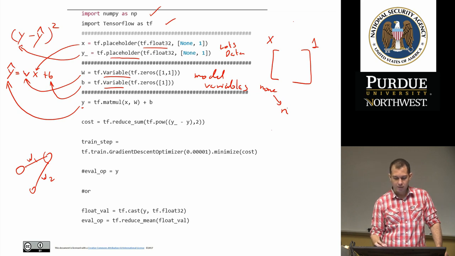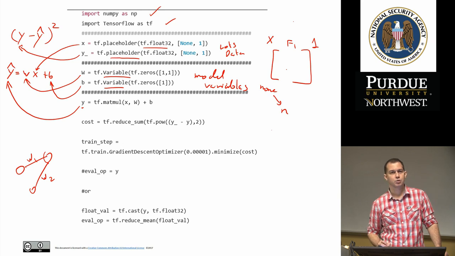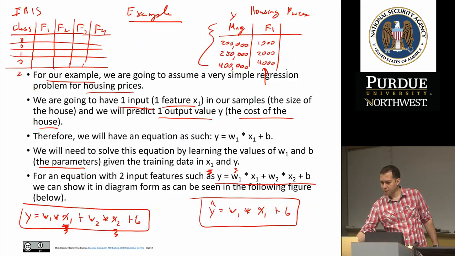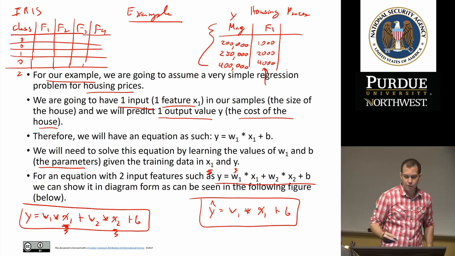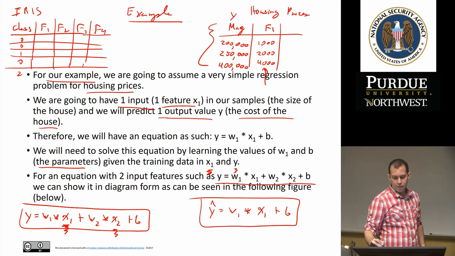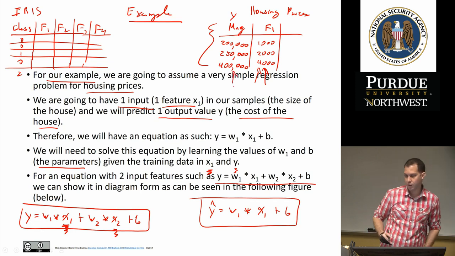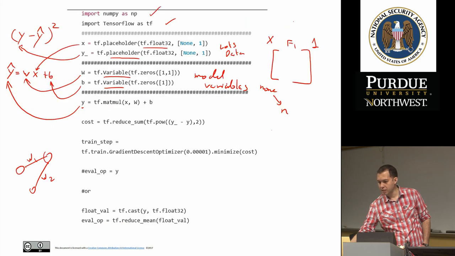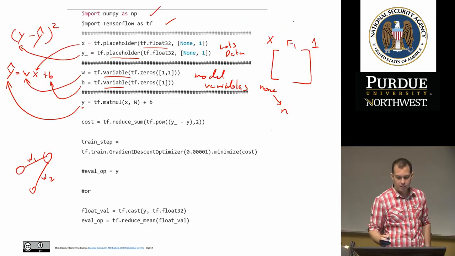Okay? And that's what that defines. And then 1 just means that we have F1, just one feature. So if you remember in the slides, our data set that we're using only has this one feature here, and it has the 1 magnitude. And so that is what we are capturing in this data.